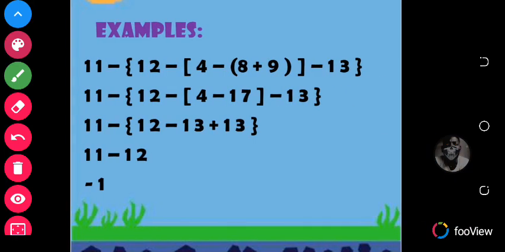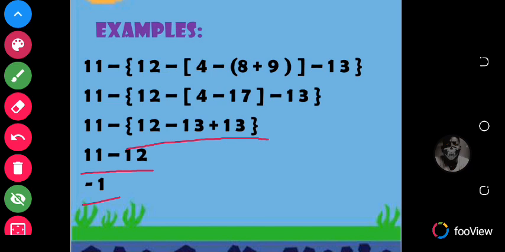So this is how we use them. Parentheses are for grouping, brackets are for grouping, braces are for grouping. When you have something like this, it's just a number, and it keeps growing. The more it's expanded, you can use the braces.